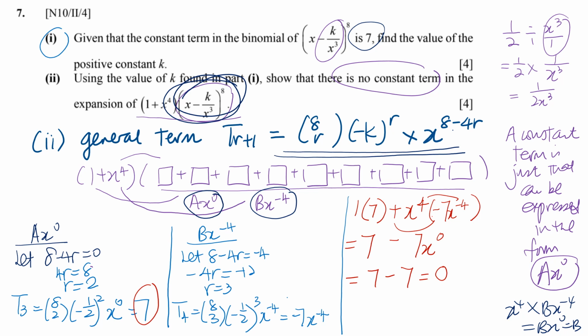First of all, we started by saying that there is a constant term. So we go ahead and find the constant term, which is this one here and this one here. But what happened is that these two constant terms actually cancel off each other. That's how we end up getting 0. So our assumption to say there's a constant term is wrong.